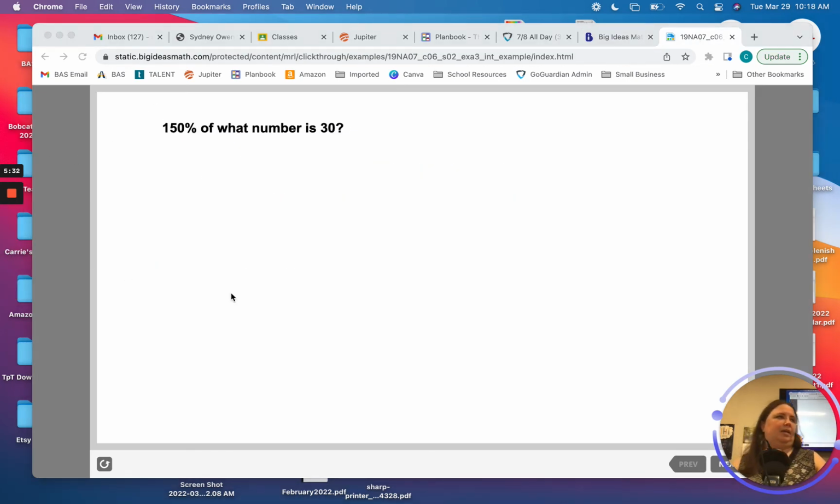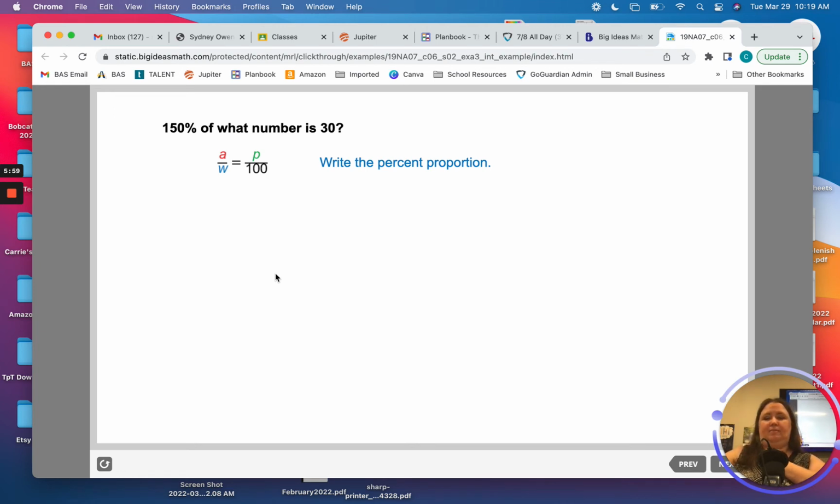Example 3. 150% of what number is 30? Let's get our percent proportion, A over W equals P over 100. What information do we know out of the 3 variables?